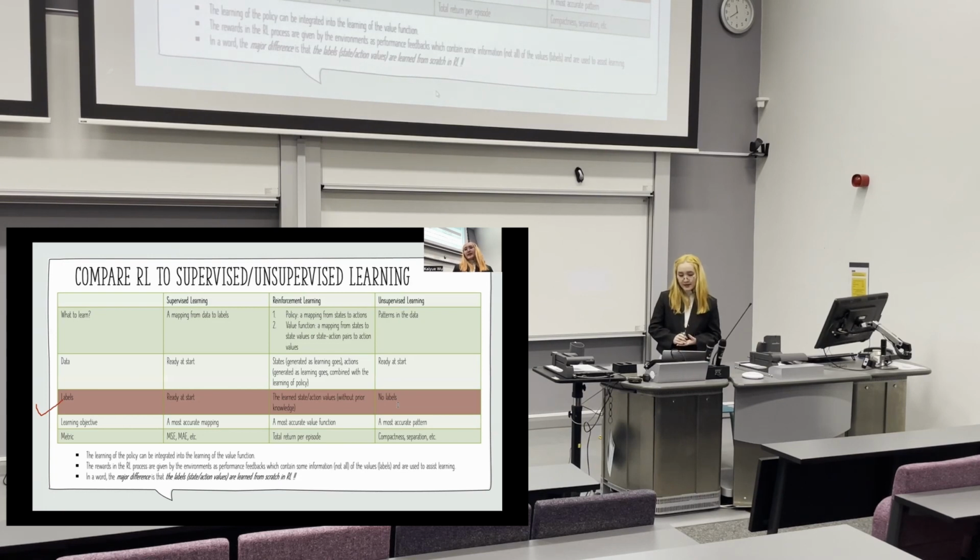The next point is that the rewards given by the environment in the reinforcement learning process contain some information of the value labels and are used to assist learning. Finally, we conclude that the major difference of reinforcement learning is that the labels are learned from scratch.